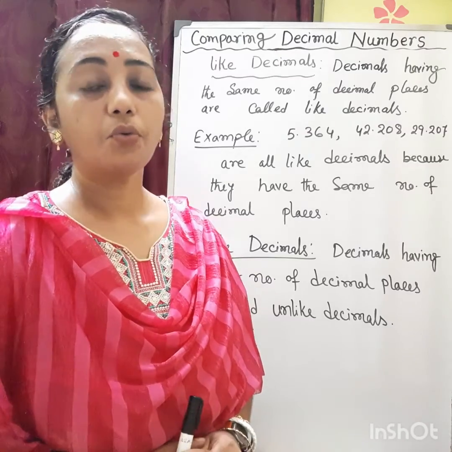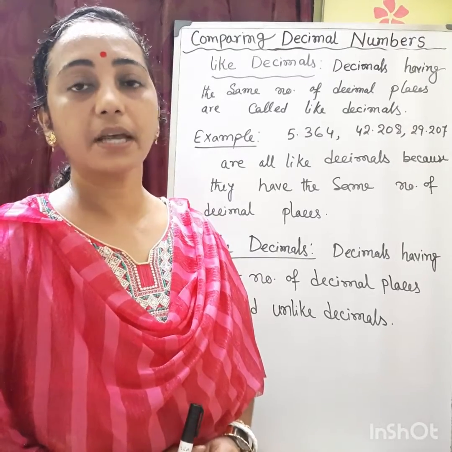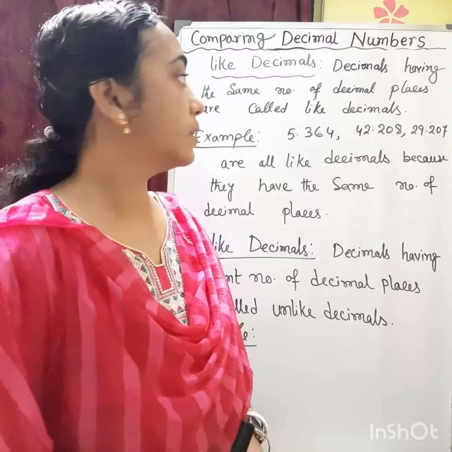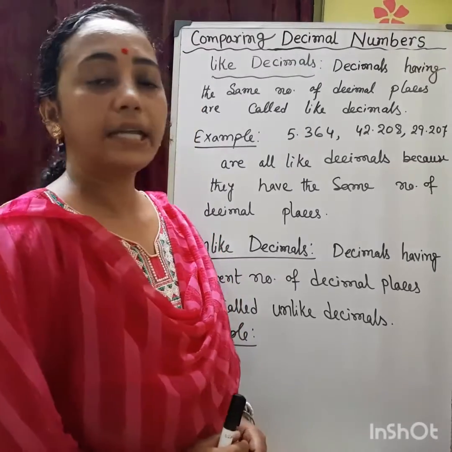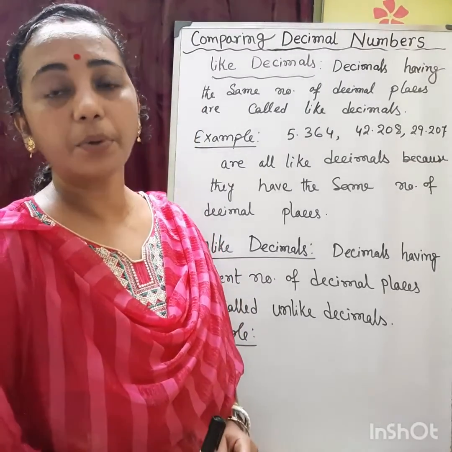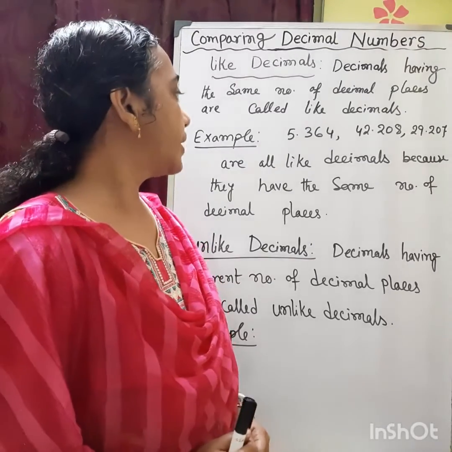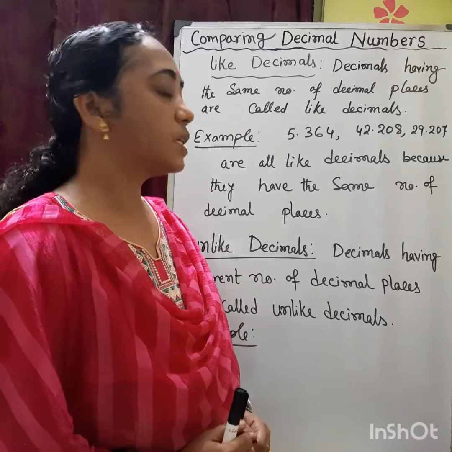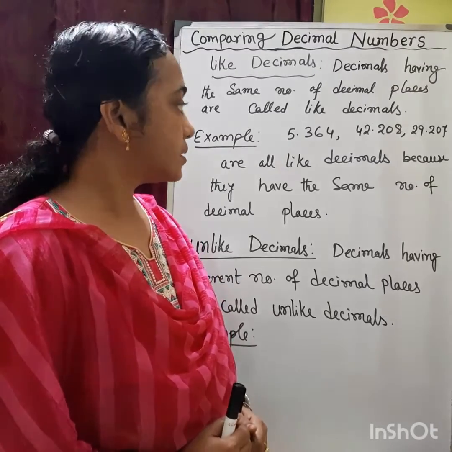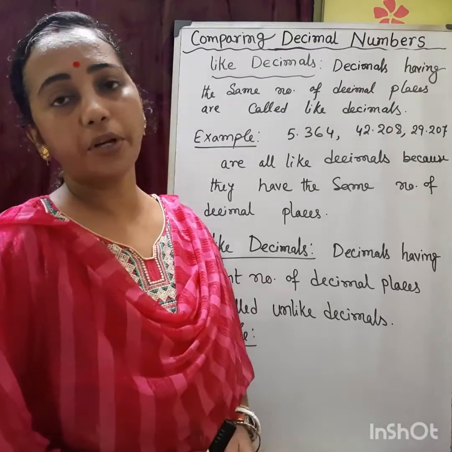Now let us see what we mean by like decimals and unlike decimals. Decimals having the same number of decimal places are called like decimals. For example, 5.364, 42.028, 29.207.